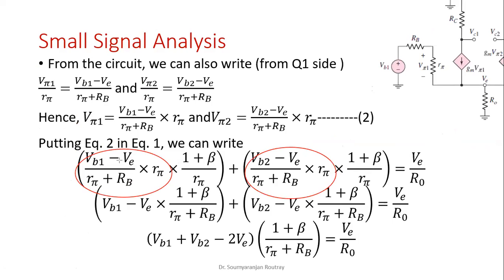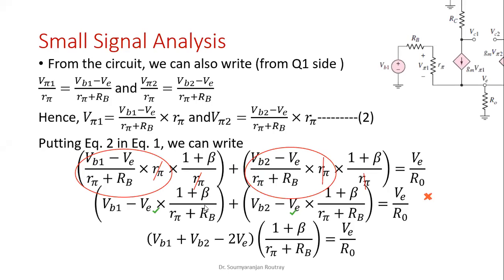Now you can eliminate this one and this one, and eliminate this one and this one. The rest we can write after simplification. I brought R pi plus RB as the denominator, and the right hand side I didn't do anything, as it is.